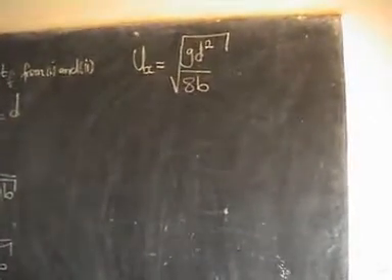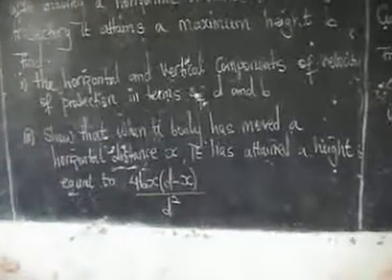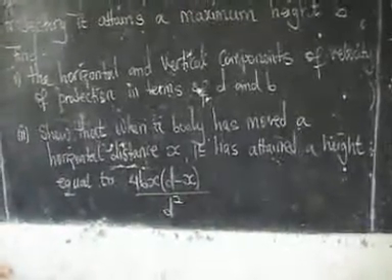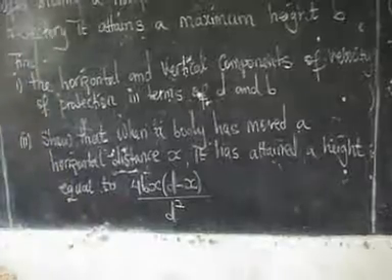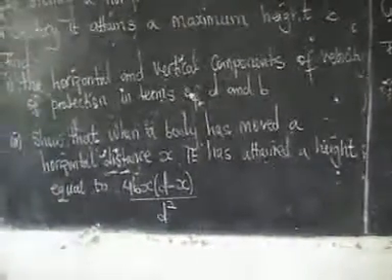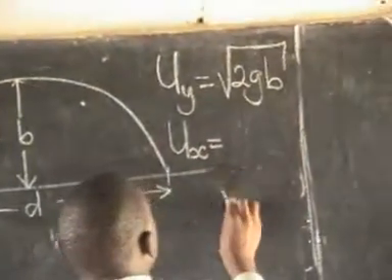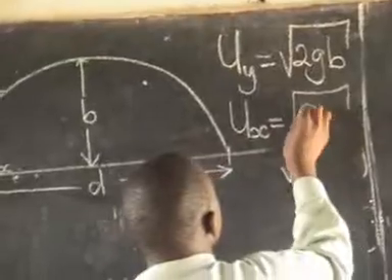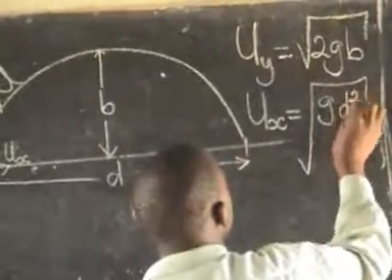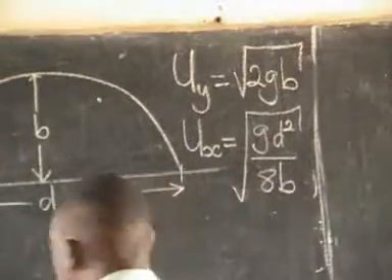So we are through actually with the total distance x. It has attained a height equal to this expression. So our Ux is equal to square root of g squared d squared divided by 8b.